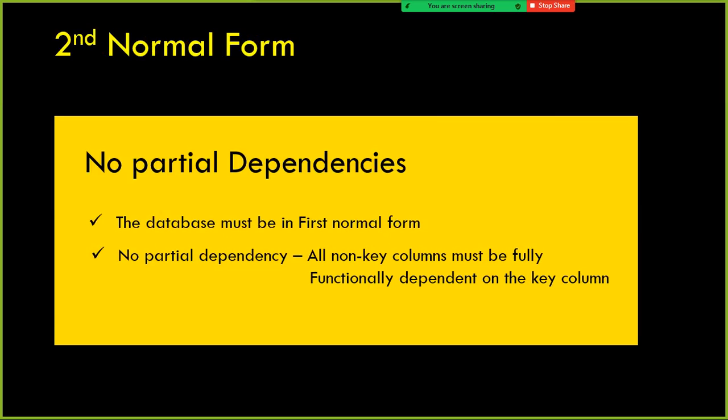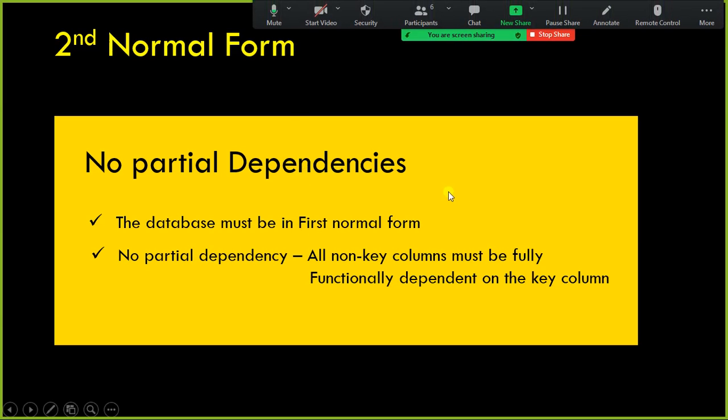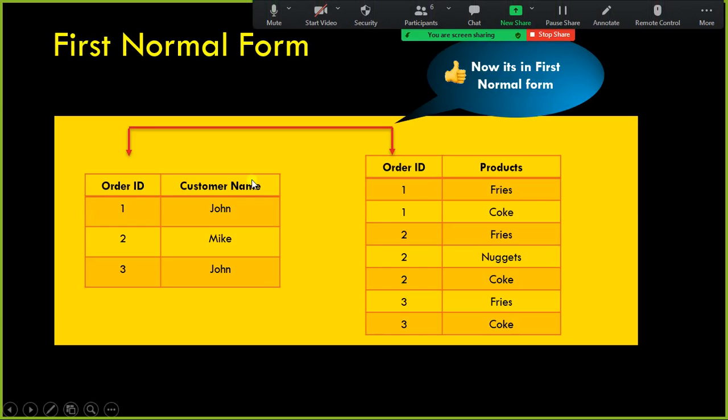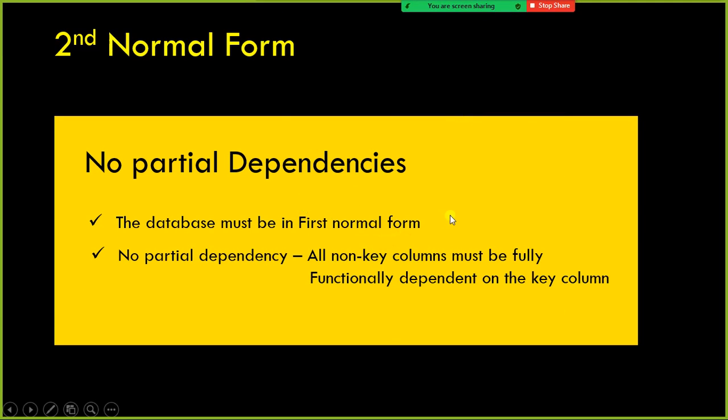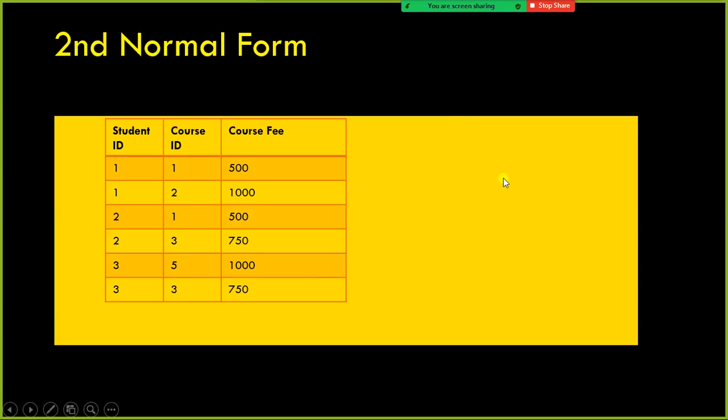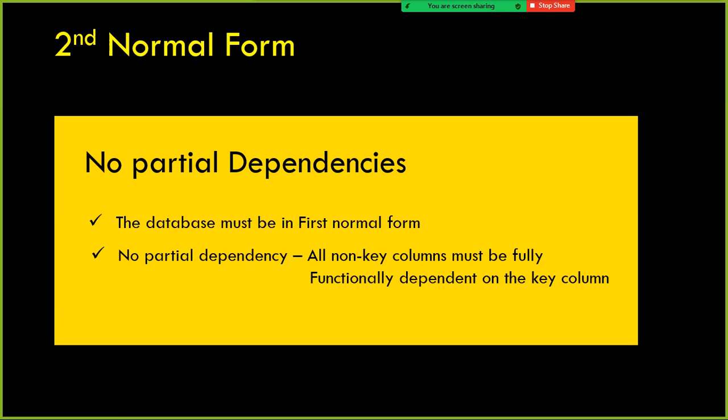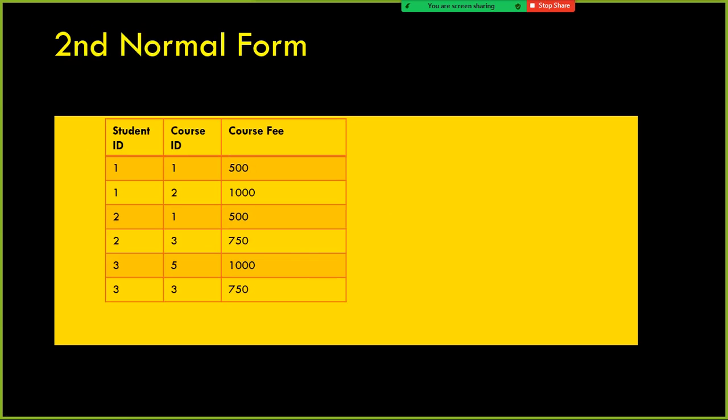What the second normal form says is, if the table or the database has to be in the second normal form, first of all, it should comply with first normal form. In addition to the first normal form, all the non-key columns should be fully functionally dependent on the key column.